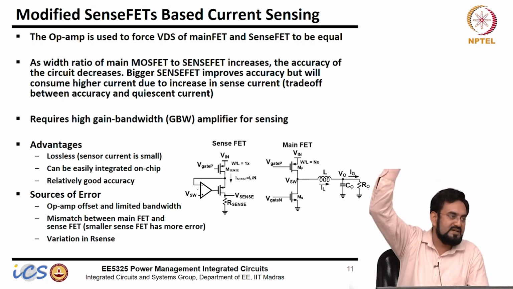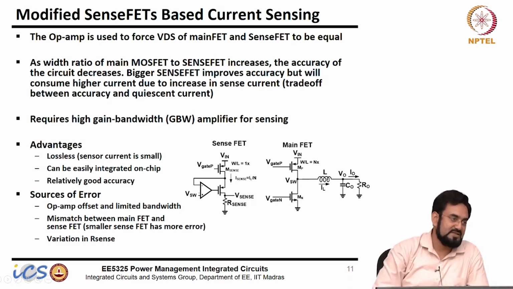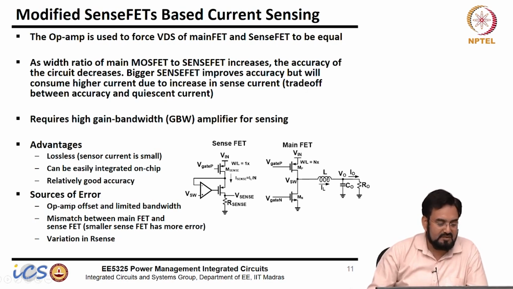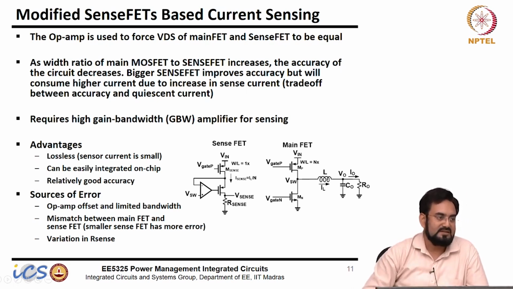Your current will rise much faster. So now this guy has to track this voltage much faster. So the bandwidth of this should be based on the maximum slope of the current. Another source of error could be the offset, and if you have limited bandwidth, it will not track, so that will again give you error.